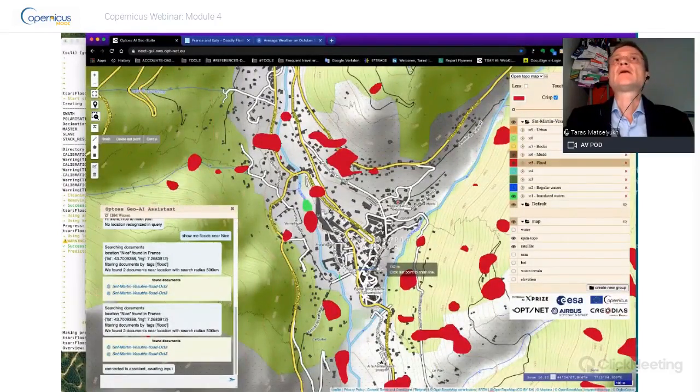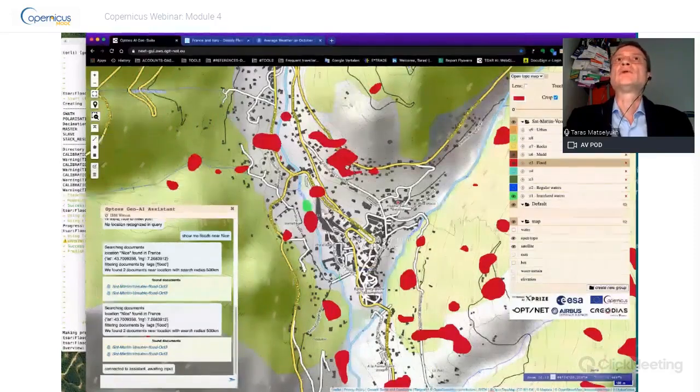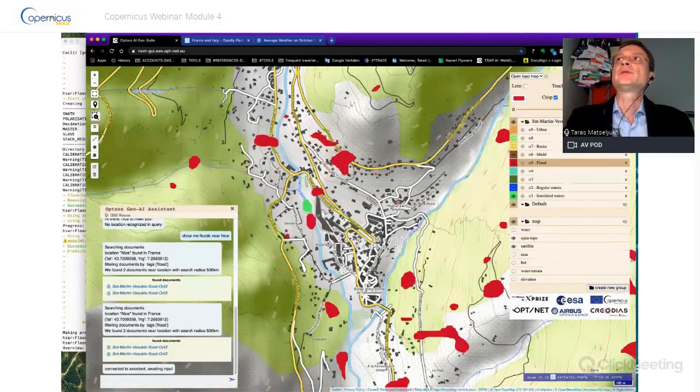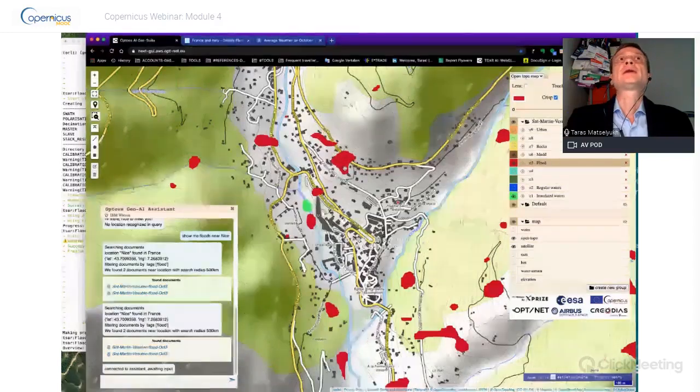The red areas are areas where it is likely that floods or landslides occurred. So there are changes in the topology in the area. And here with the slider, we can see the probability. If we put the probability close to 90%, we can be sure that these areas have been impacted. And how impacted?